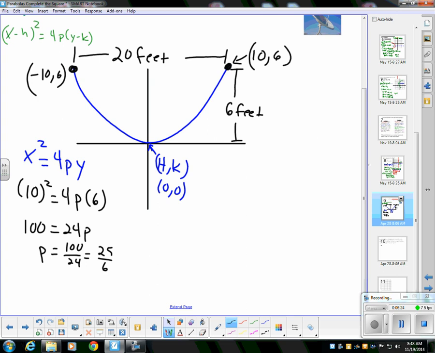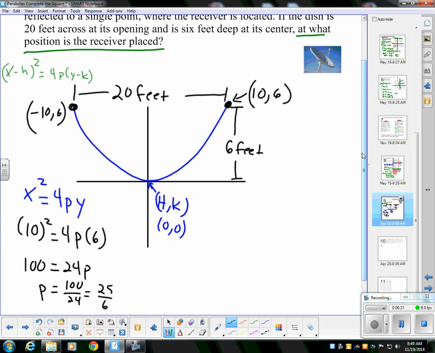So we've really answered the question, at least mathematically. However, we should go back and write out our answer better. And so it wants to know at what position is the receiver placed. The receiver is placed 25 sixths.